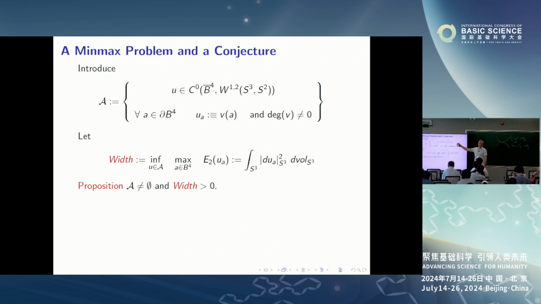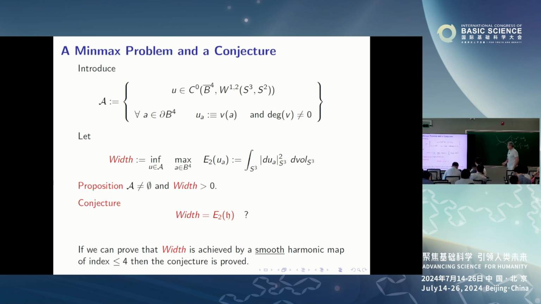It's super easy. You just take a map which has Hopf degree non-zero, and you just compose it with a Möbius group. That's it. Okay, so this is non-trivial. And then using Poincaré inequality, you prove that the width is strictly positive. And you wonder, what is the value of this width? So I was conjecturing that this is the Dirichlet energy of the Hopf map.